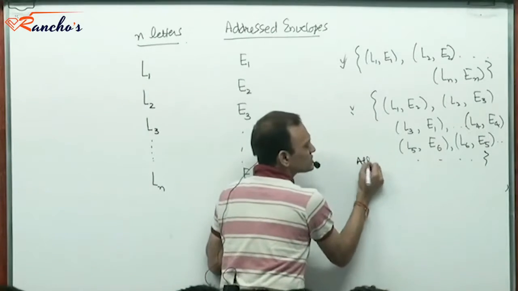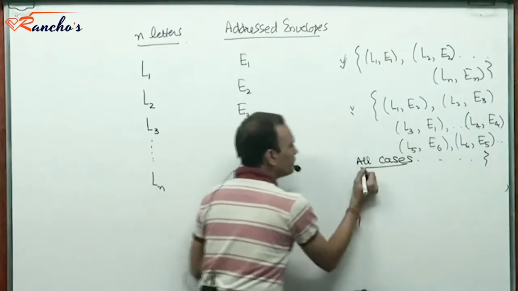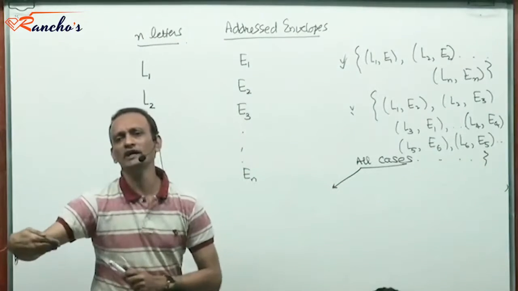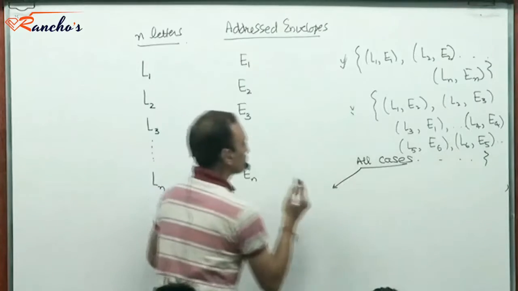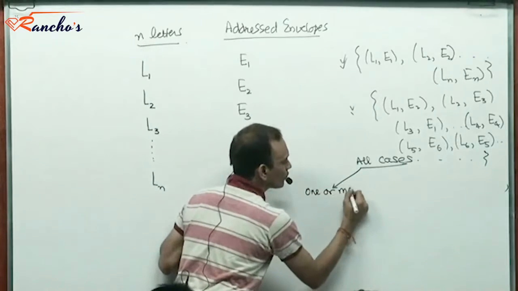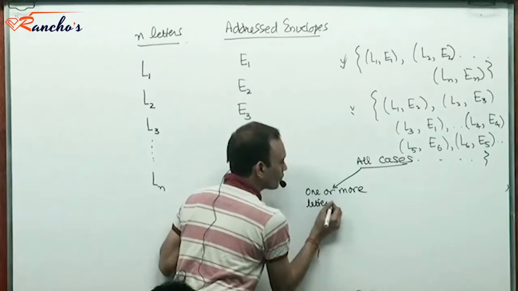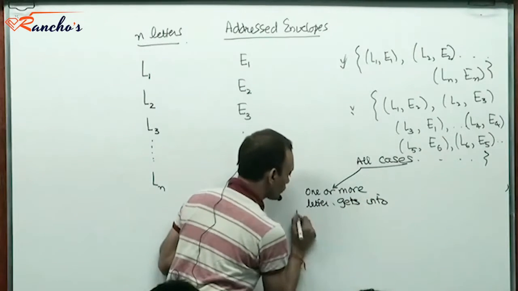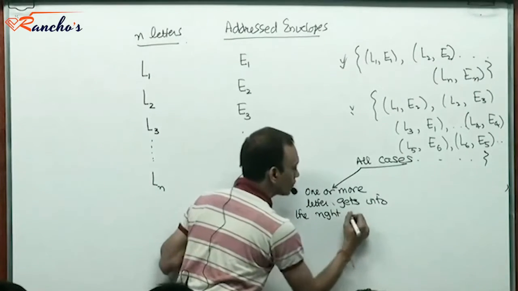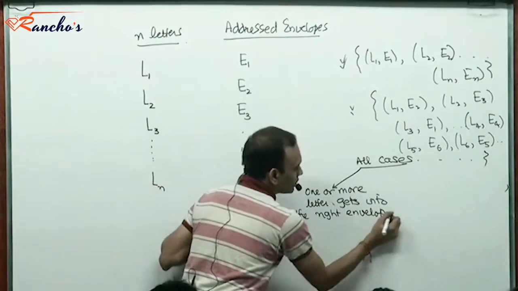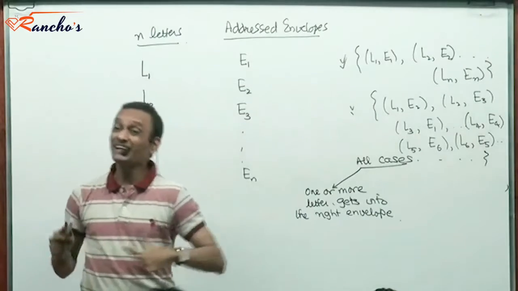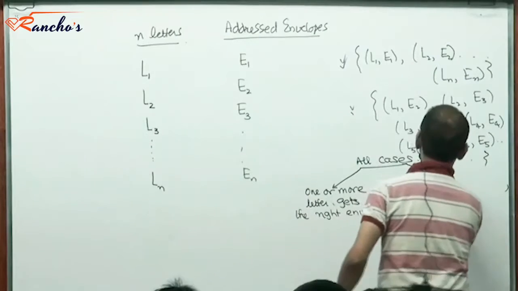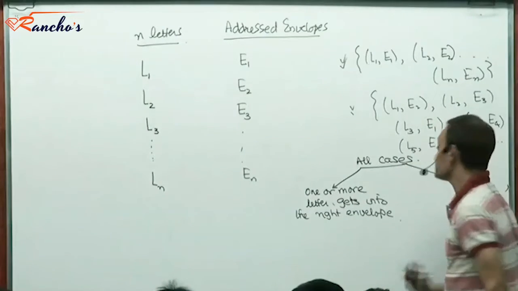So, of all cases, a certain number of cases would be of this kind, where at least one letter would have gotten into the right envelope, right? And there would be some cases in which no letter gets into the right envelope, right?